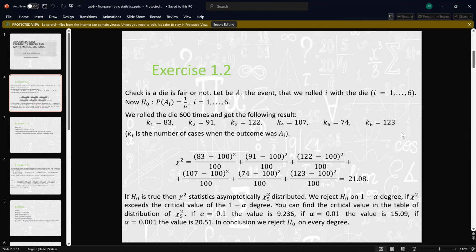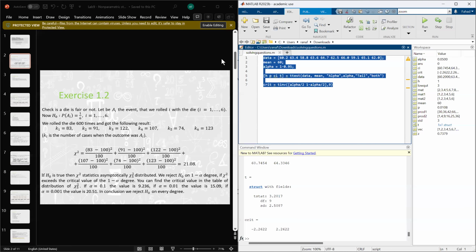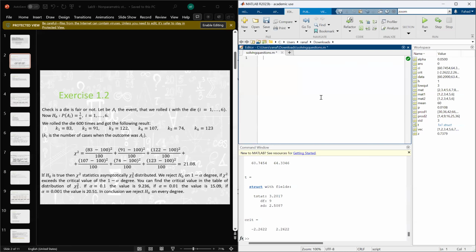So let's start doing this. Okay, so the frequency, let's write that first. The frequency, the actual output, is 83, 91, 122, 107, 74, 123. That will be the frequency. The ideal, which you can also call expected.